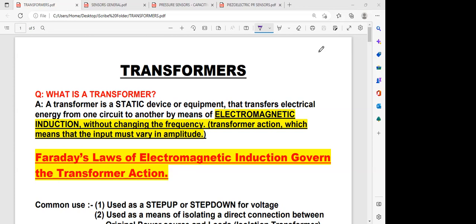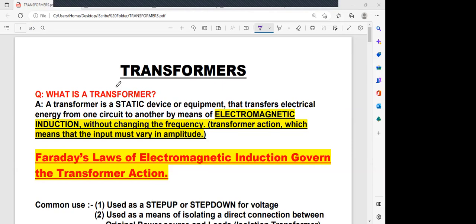The definition of a transformer is that it is a static device. There are no moving parts in it. That is why it is called static. Why did we have a static generator? Because nothing excepting the rotor was moving. Whereas in your brushless generator, you had your rotating diodes, your rotating exciter field, and your main rotor field.